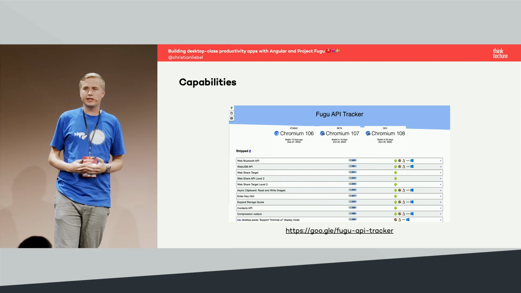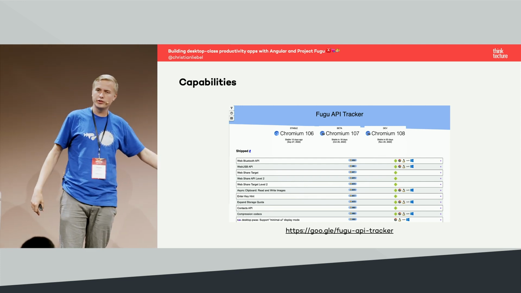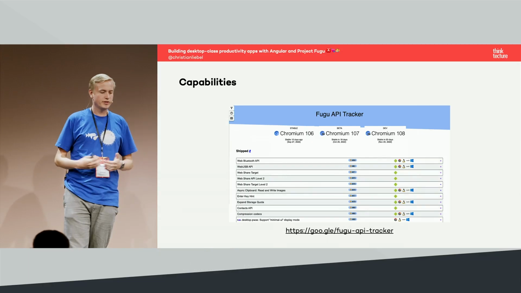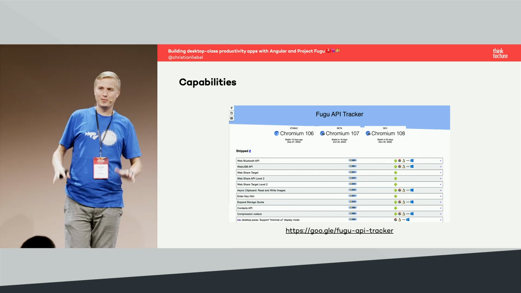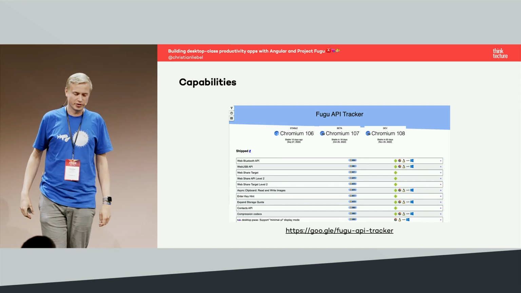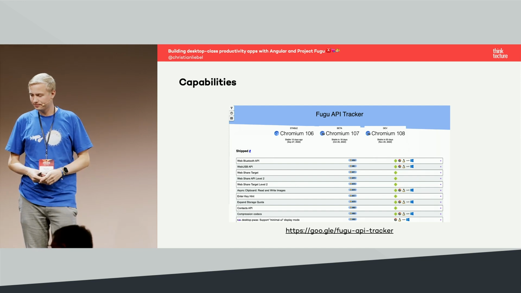This is a dashboard that shows the long list of APIs that Project Fugu has already introduced and plans to introduce. Here on that slide, for example, you can see the Web Bluetooth and Web USB API. You can directly talk to Bluetooth and USB devices from within your browser. Super interesting. And this list is super, super long. So there will be lots to talk about in the future thanks to this initiative. Again, if you're interested, have a look here at the API tracker.